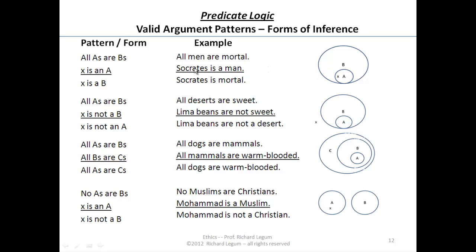And notice the second premise tells us Socrates, this X thing, is an A. Well, if we know that all the A's are in the B's, and we know X is in the circle of A's, we know that X is in the circle of B's. This is a diagram that's just supposed to help us understand the pattern of inference.